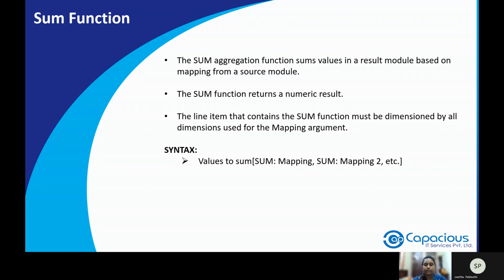By giving this reference from one module to another module, it will be calculated and displayed in the source module. So in this way, we use the sum to get the aggregation of each and every line item in the source module for the reference.